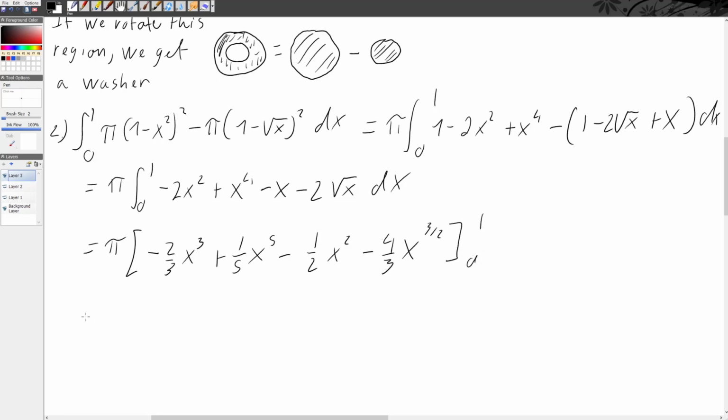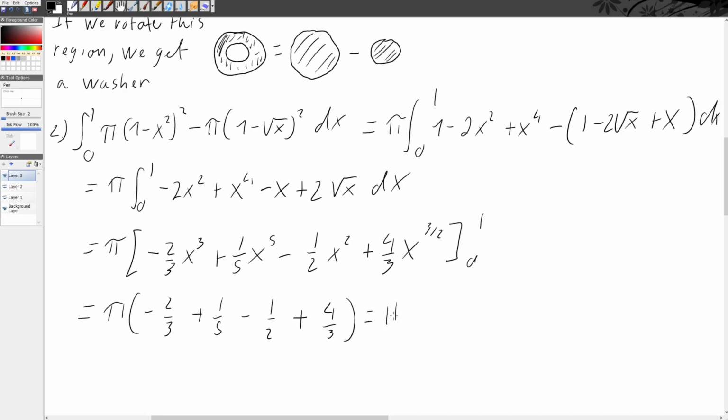Evaluated from 0 to 1. Again, at 0, everything is just going to be 0 anyway, so we just care what happens at 1. Plus 1/5. Sorry, that should have been a plus right there, and that should have been a plus, and that should have been a plus.